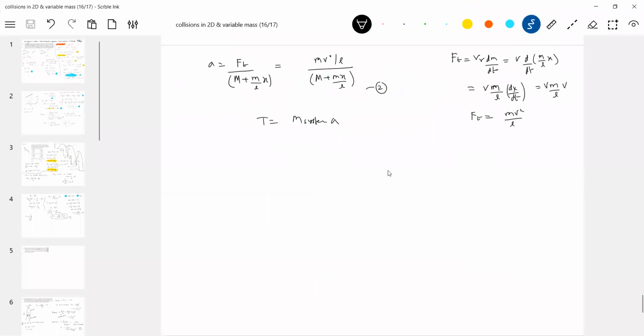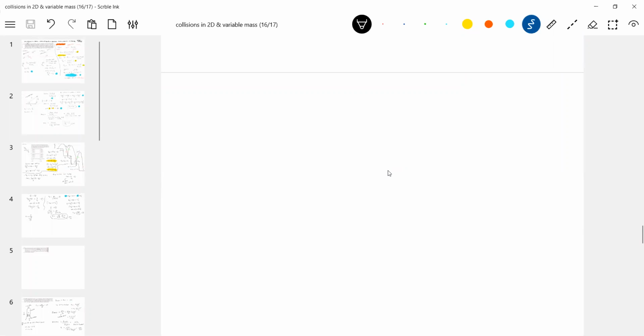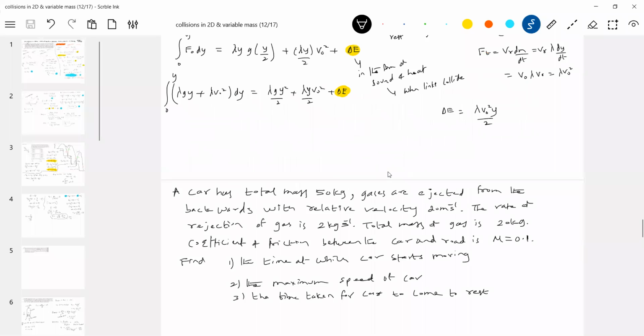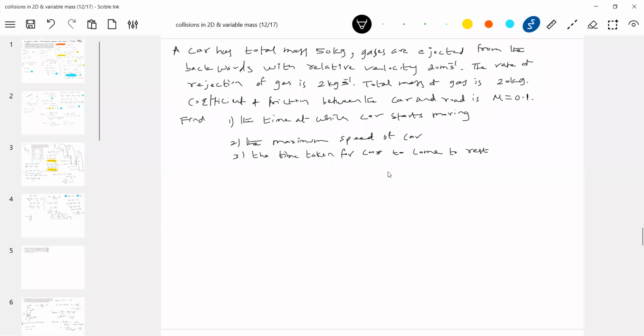Okay, let's take another one. Yeah, one more problem. Let's take this one. A car has total mass... Read the question. I'll give the diagram. Very good problem, where he's asking to bring your laws of motion into the picture.